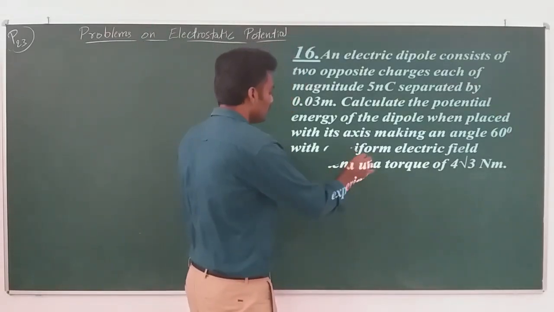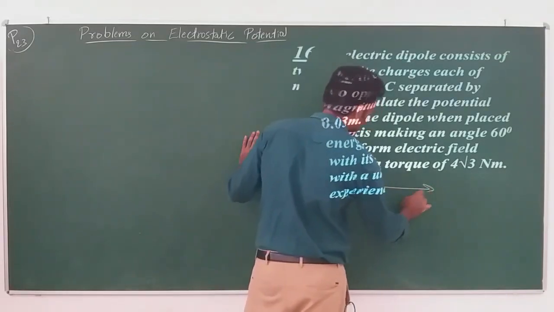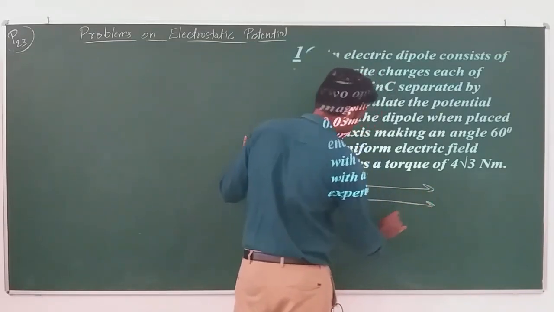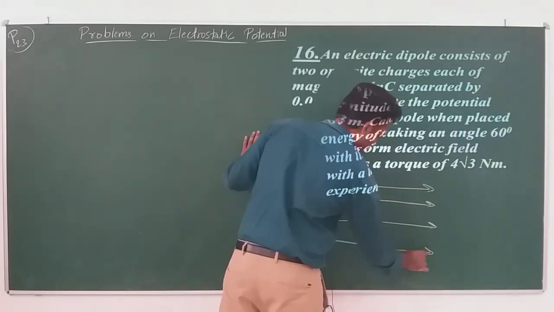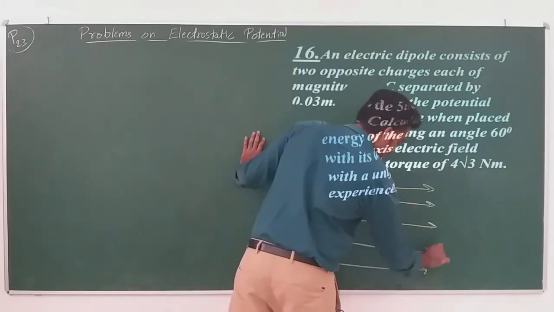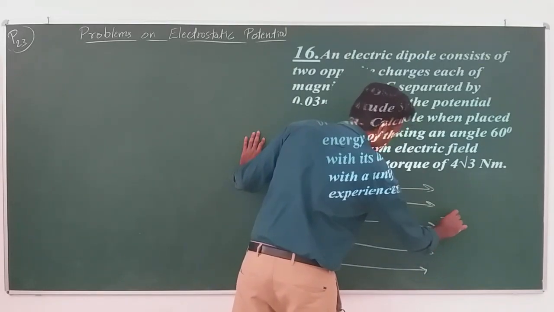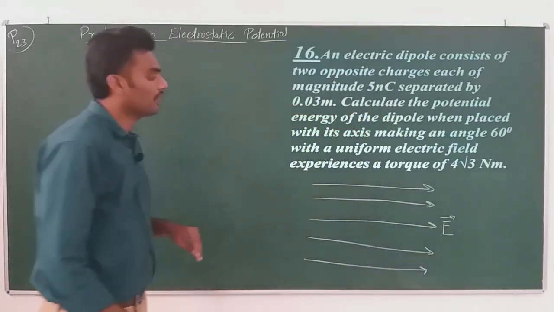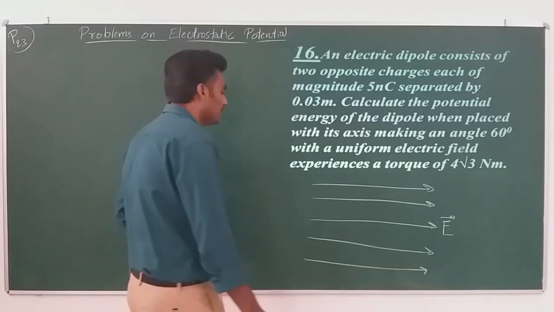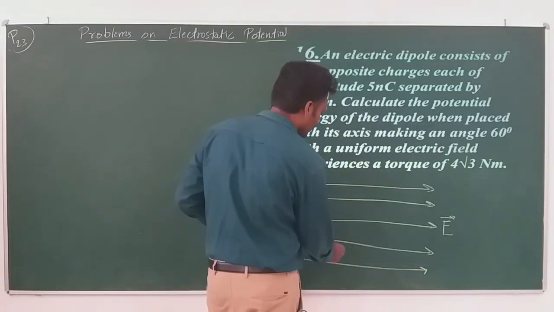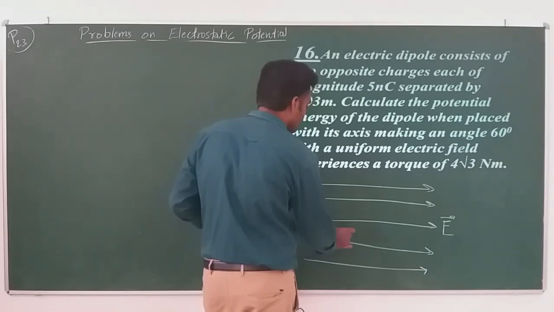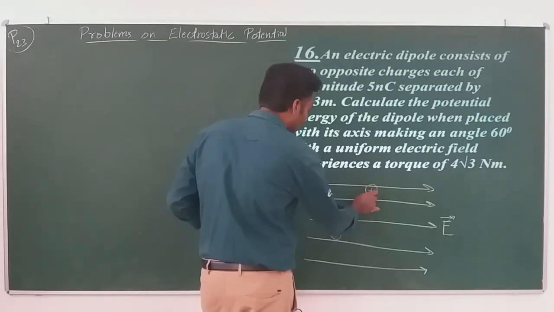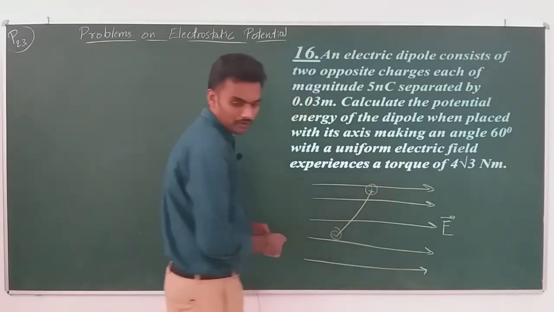So, there is a uniform electric field given. And we have an electric dipole. That electric dipole will have two equal and opposite charges, negative and positive.